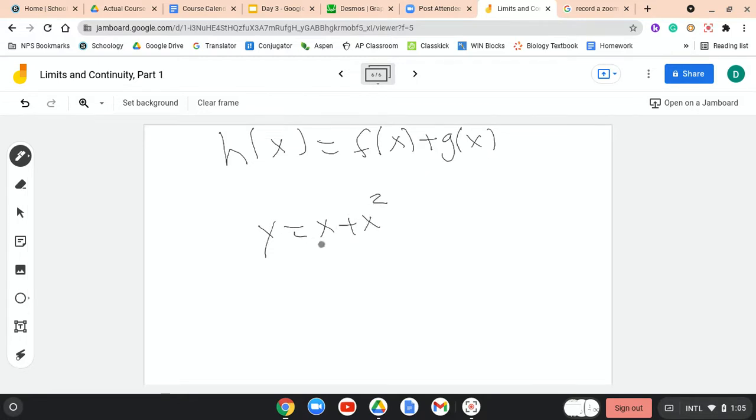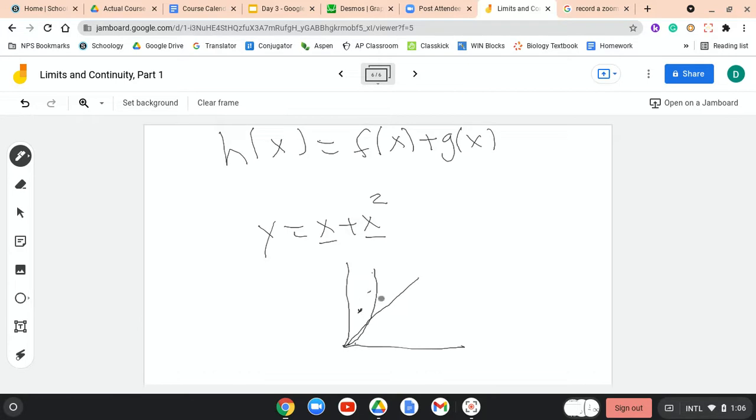This function is equal to the sum of two functions, x and x squared. I want you to think of this function, when you're graphing it, as graphing the two individual functions on their own. So I would take x, and I would take x squared. And then to get your new function, you take whatever the height is of both functions at each point and add them together. And that's how you get your new function.